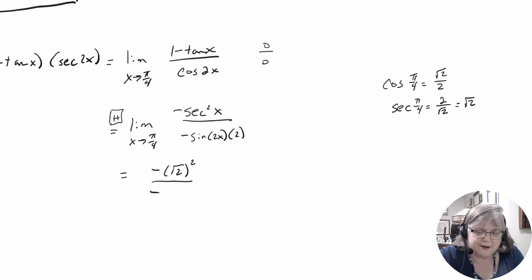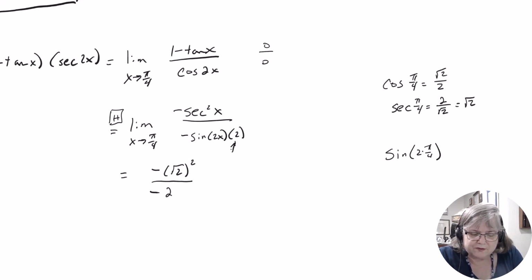the negative. And what we're trying to decide is sine of 2 times pi over 4, which is 2 times sine of, well, I've got this too. Let's just put it down here so I don't forget it.